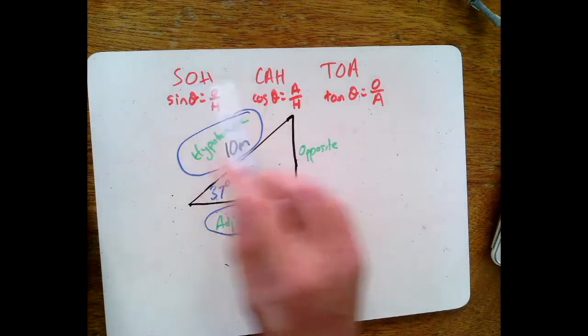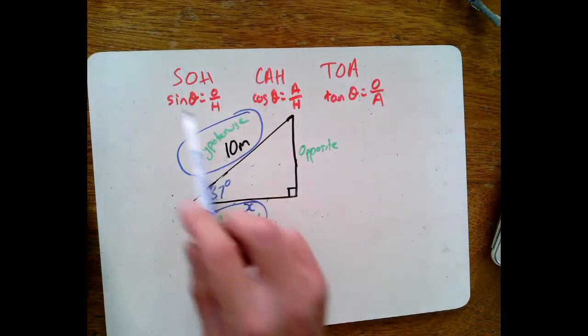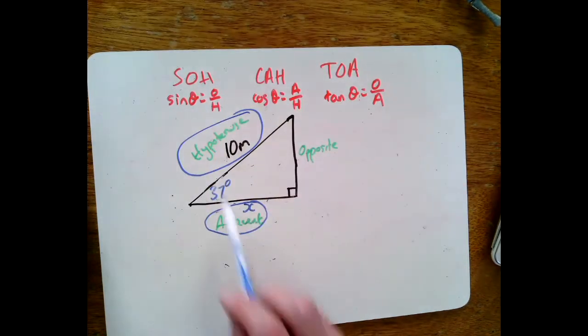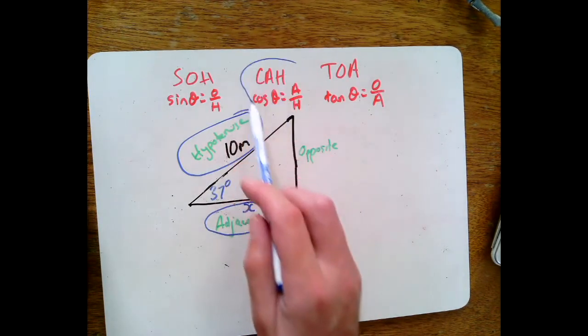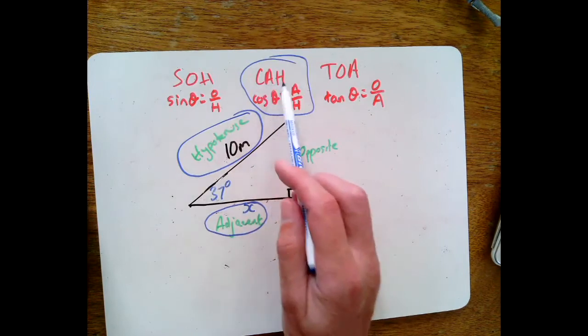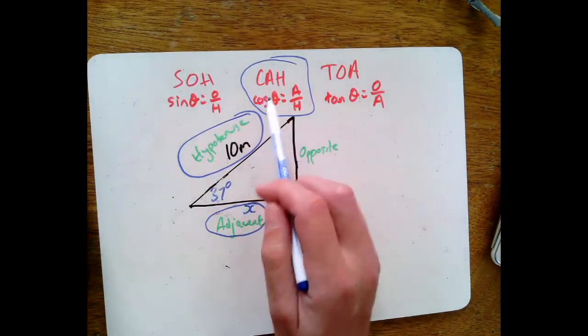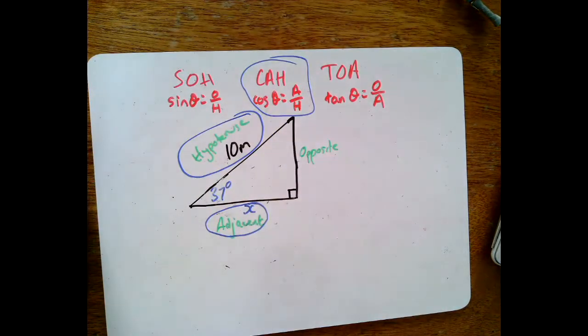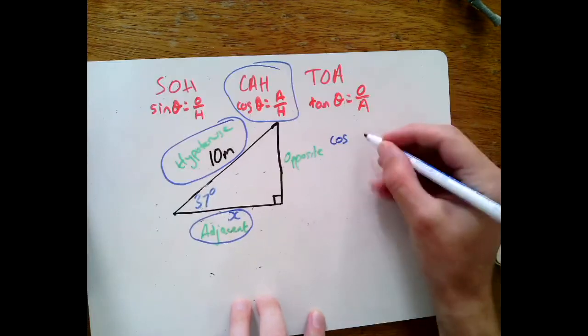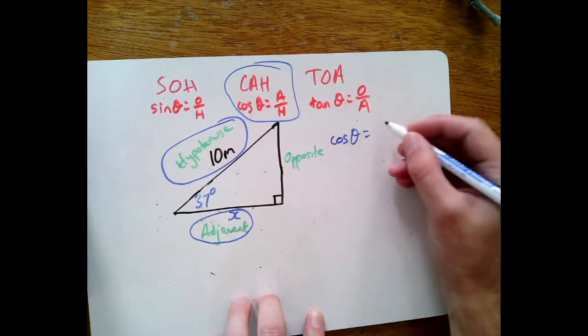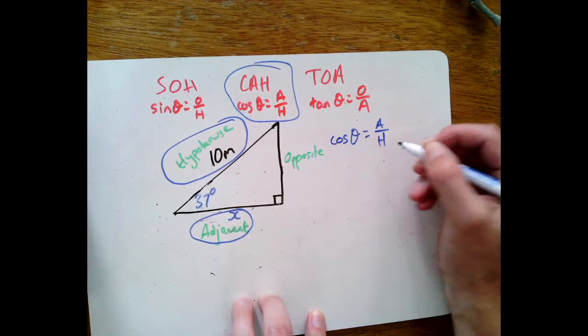I now look at these at the top and see which one of sine, cos, or tan has adjacent and hypotenuse. In this case, it will be that one there, A and H, so I've got to use cos of theta equals A over H. So what I'm going to do is I'm always going to write out the formula, cos of theta equals A over H.